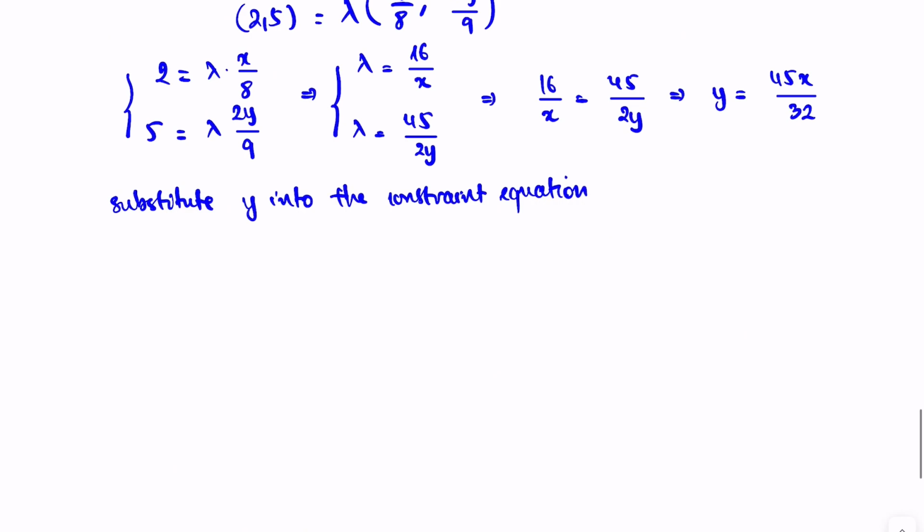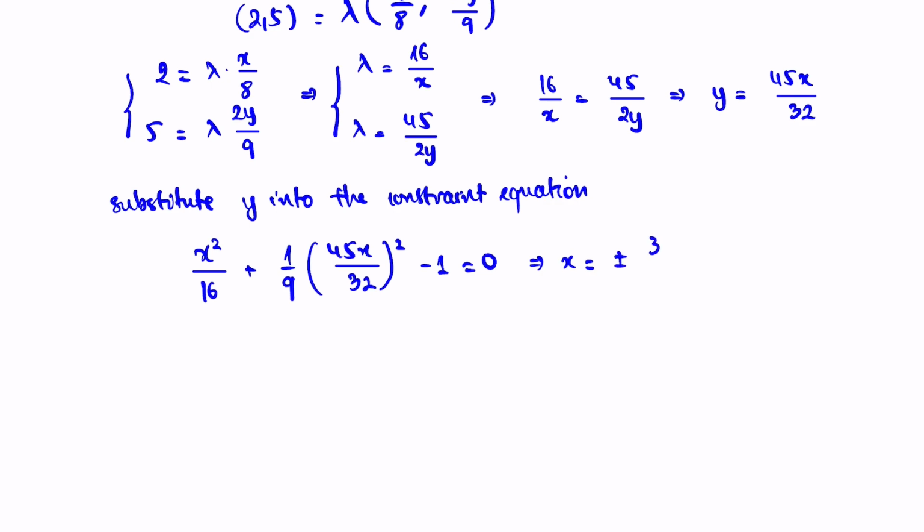Therefore we get x squared over 16 plus 1 over 9 times y squared, where y is equal to 45x over 32, so 45x over 32 squared, minus 1 equal to 0. From here you can solve for x, and if you do the calculations correctly, you should get that x is equal to plus or minus 32 over 17.